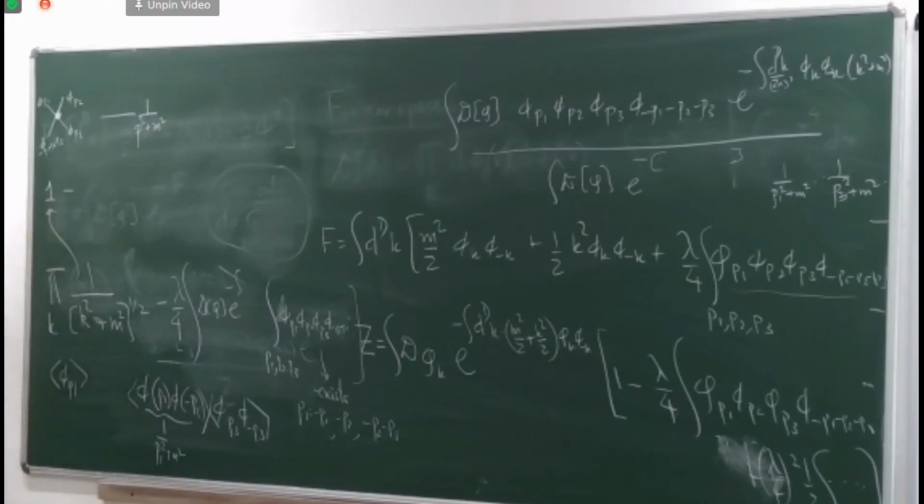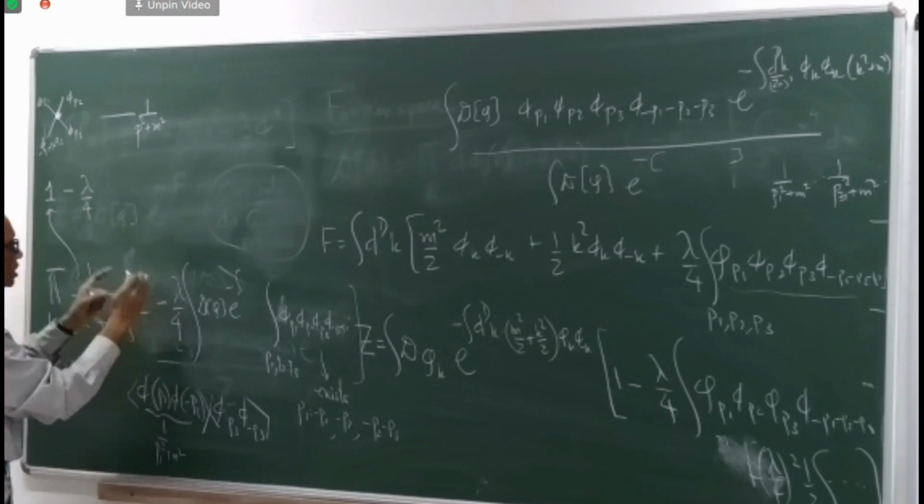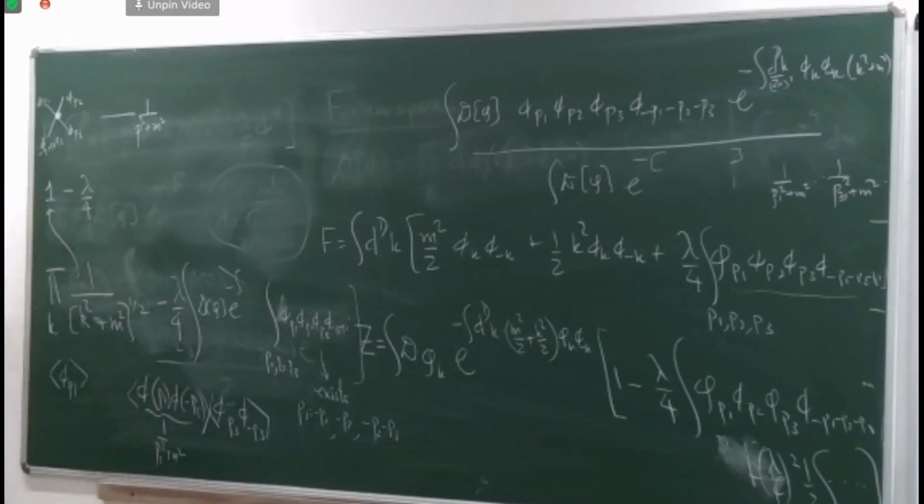Minus one interaction brings me a lambda over 4. So lambda over 4 is the vertex strength, so that is the interaction. So now the interaction, the vertex is given by this quantity over here.